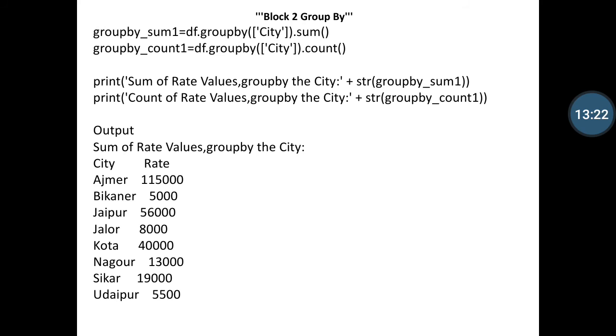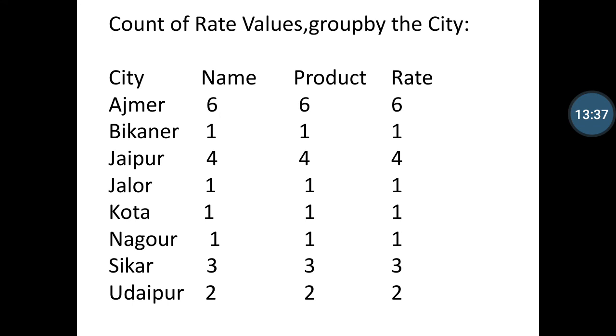Those are defining the sum of the values, to calculate the sum of the rate column values for a particular city. And then I am also defining the number of occurrences of the rate values in the CSV file or Excel file.